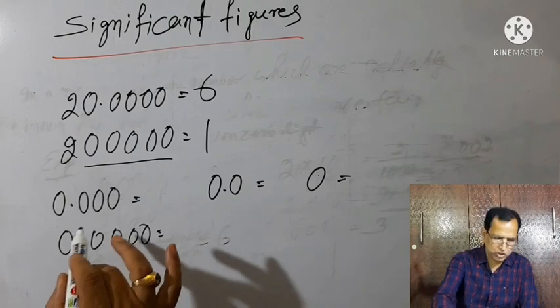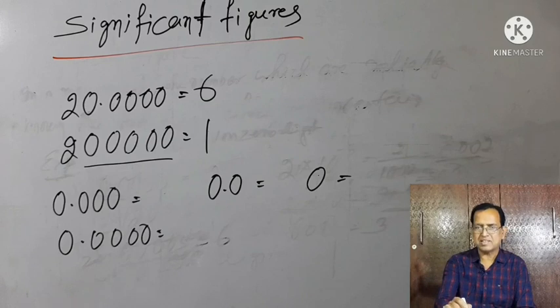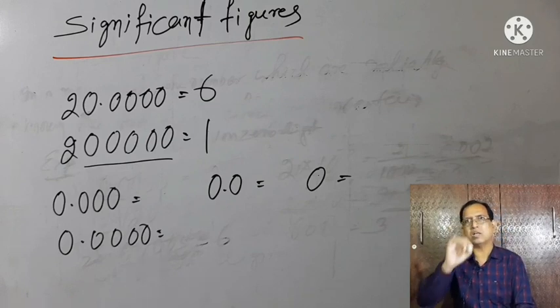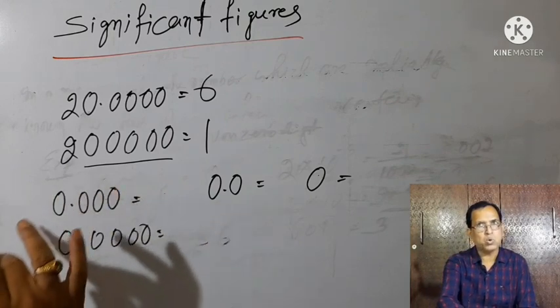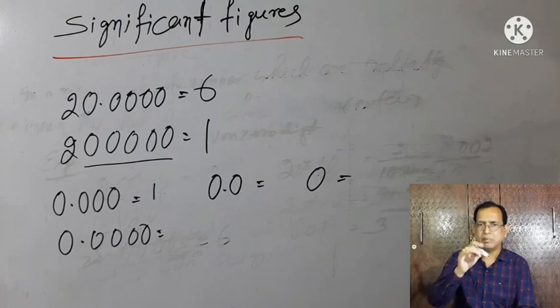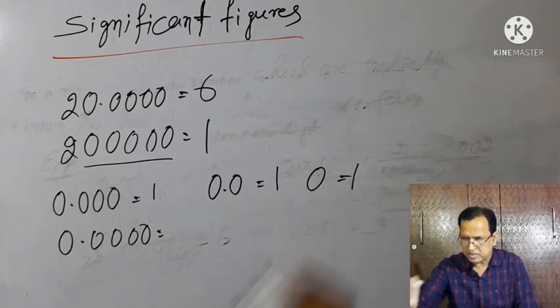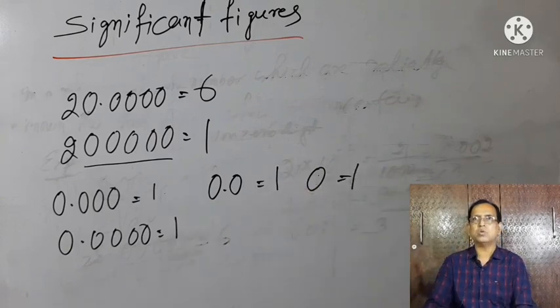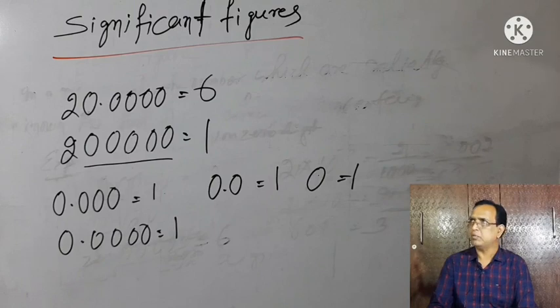So 0.000, in this case, significant figure is only 1. Why? Value is 0, so significant figure is 1. That means answer is 0. So 0 means significant figure is 1. In this case also 1, in this case also 1. So in all cases we can find the calculation for significant figure.